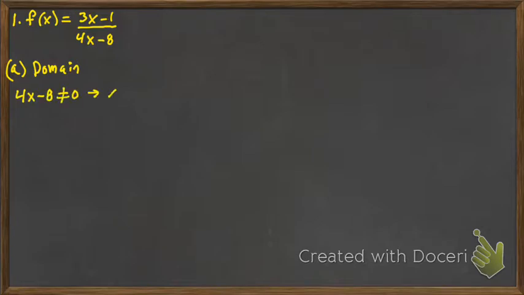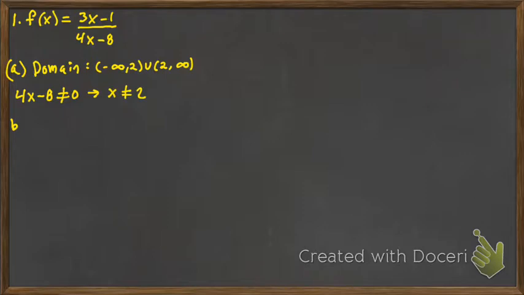When we do that, our only restriction here is 2. So our domain is going to be all real numbers except for 2. Oftentimes when I find the domain, I'm finding the vertical asymptote at the same time if I don't have any factors that reduce, which will most of the time be the case. Very often we won't have holes in our graph.